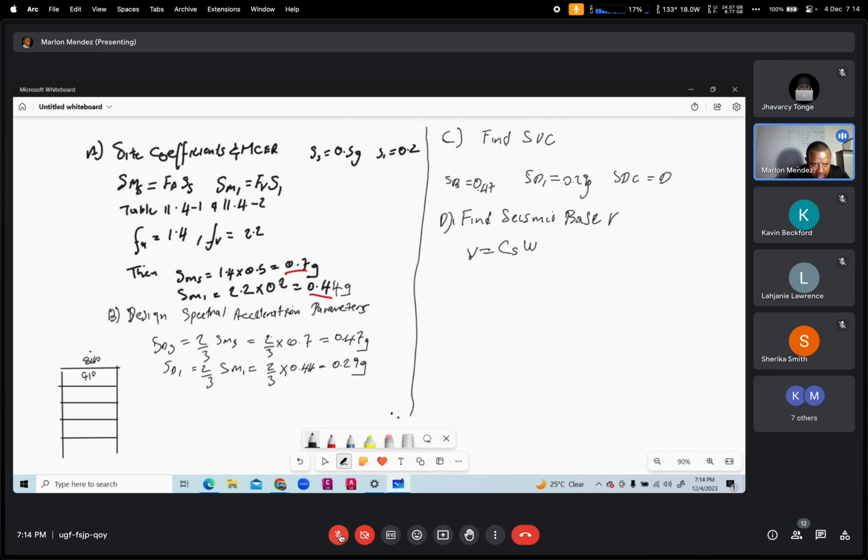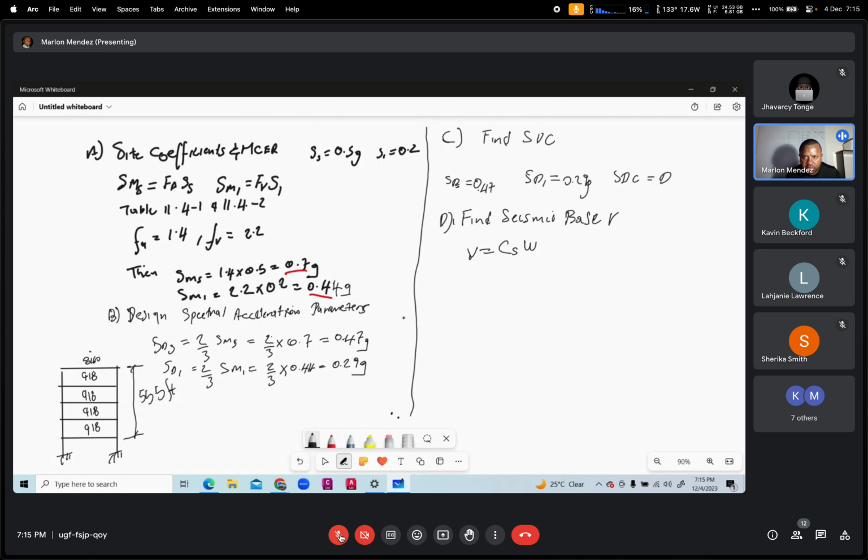This is 918, 918, 918, 918. Okay. The building is 55 feet tall.